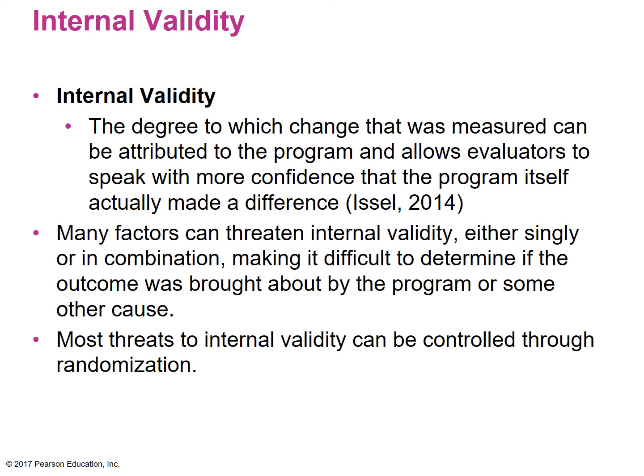Validity, there's all sorts of validity, but with internal validity, what we're looking at here is, did our program plan produce the changes that we expected the program plan to produce? Okay. Here's where you go to this bottom bullet. They mention randomization.